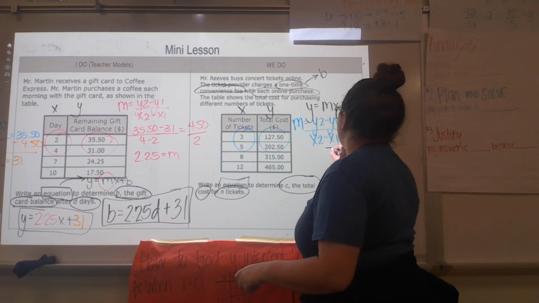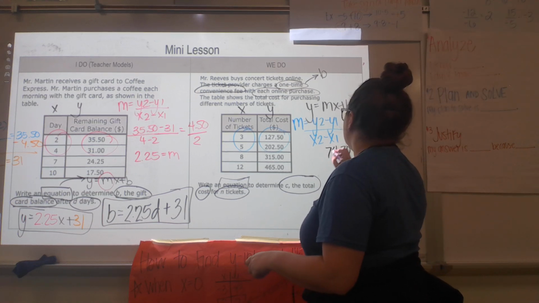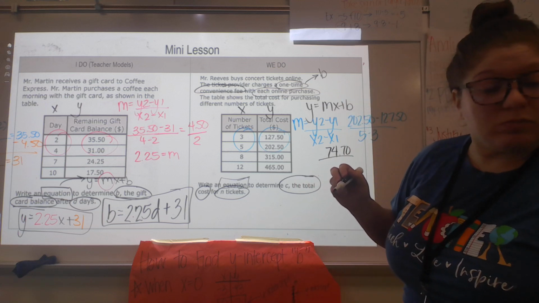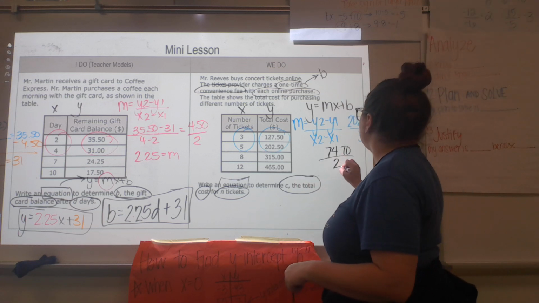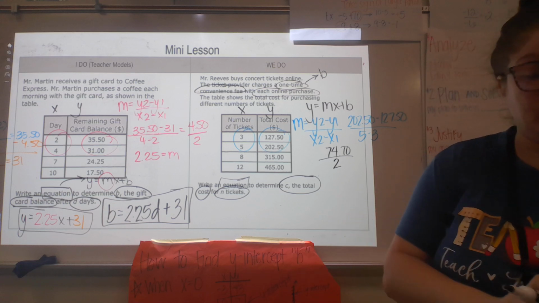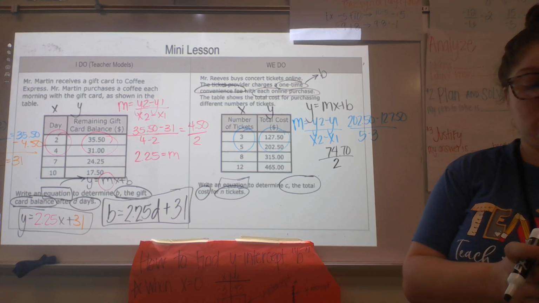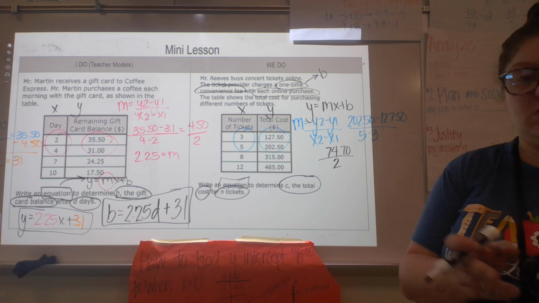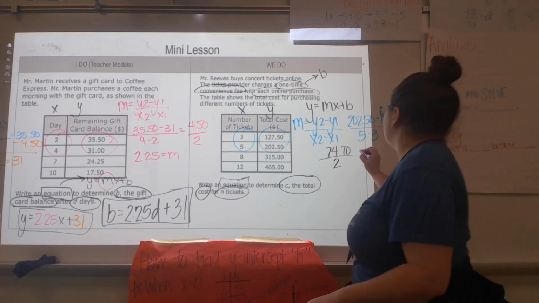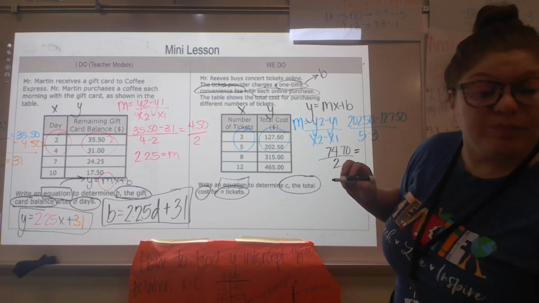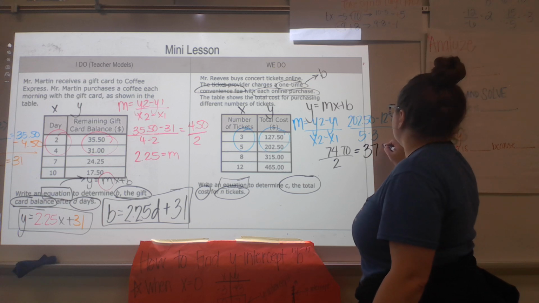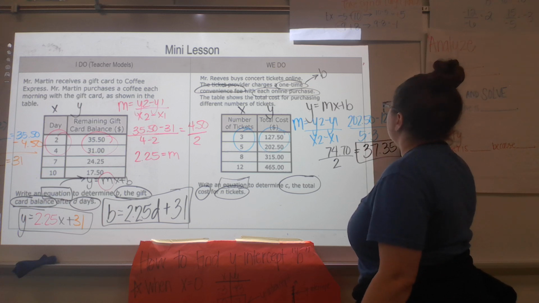I got 74.70. Yep, same. 5 minus 3 is 2. So now I need to divide that. I get 37.35. So again, this is my slope.